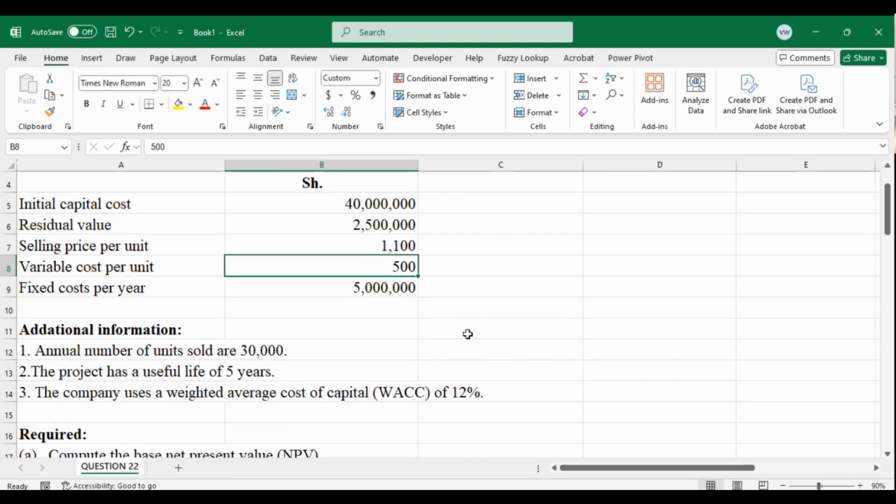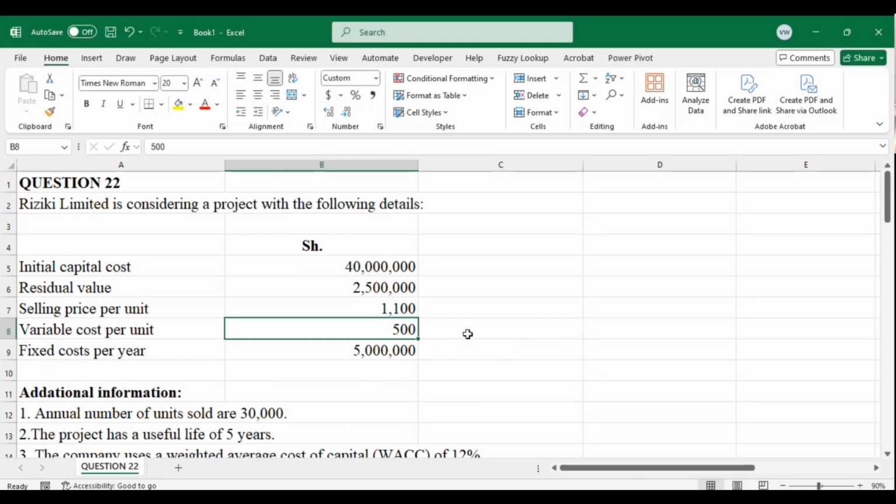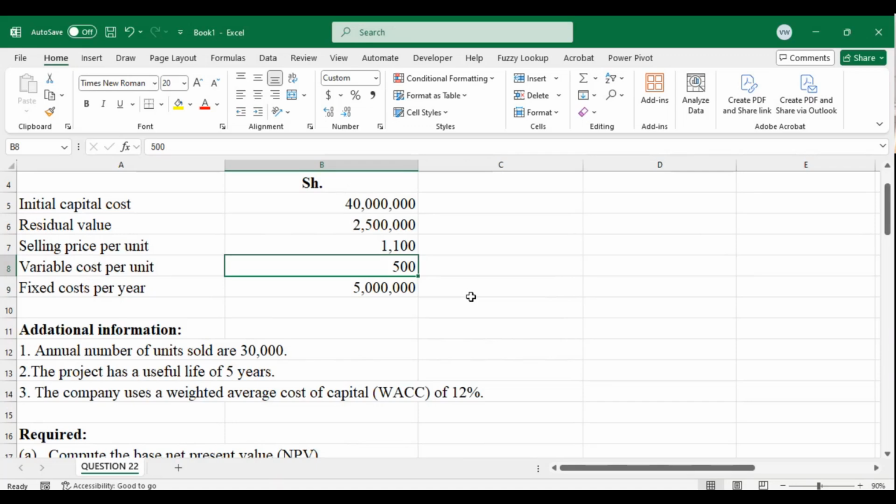The initial capital cost is 40 million. The residual value is 2.5 million. The selling price per unit is 1100 and the variable cost per unit is 500. The fixed cost per year is 5 million. The annual number of units sold is 30,000. The project has a useful life of 5 years. The company uses the weighted average cost of capital.